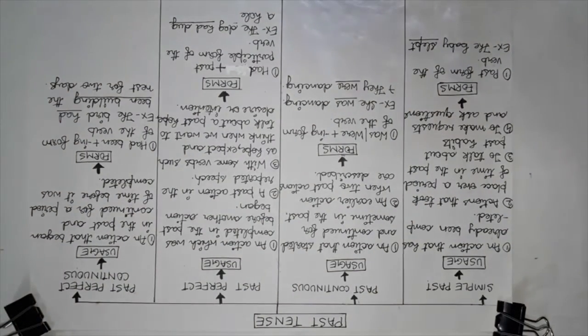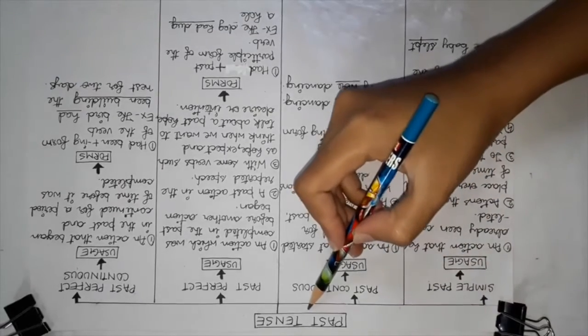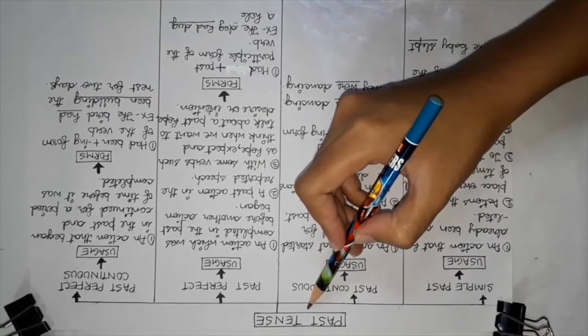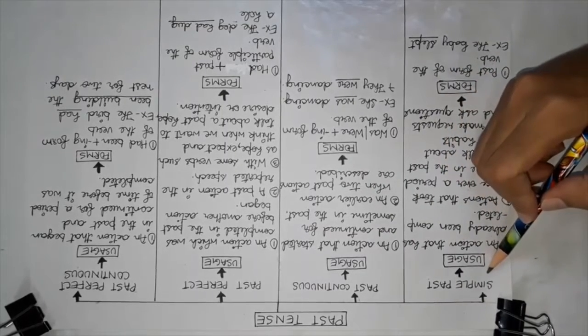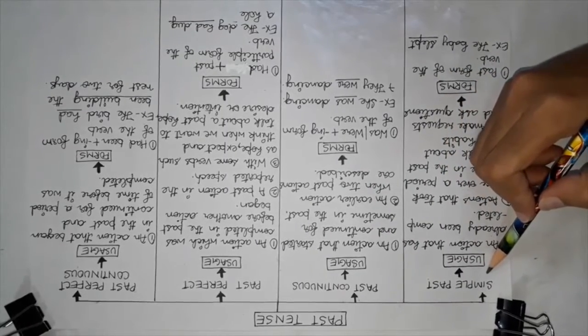So let's discuss the past tense first. The past tense of the verb indicates the state, an action or an event that has happened in the past. We have the simple past tense. Simple past tense is used to refer to actions that were completed before the time of speaking.